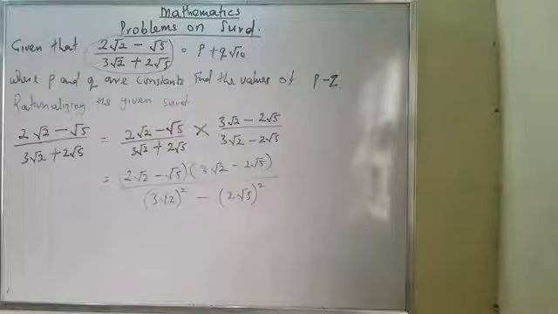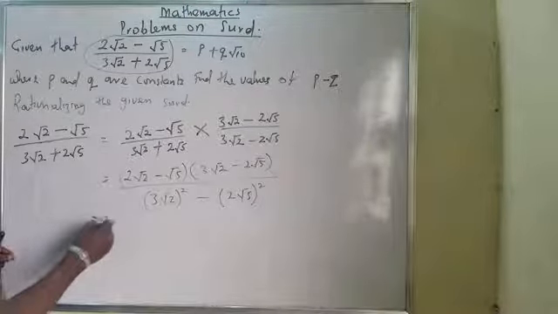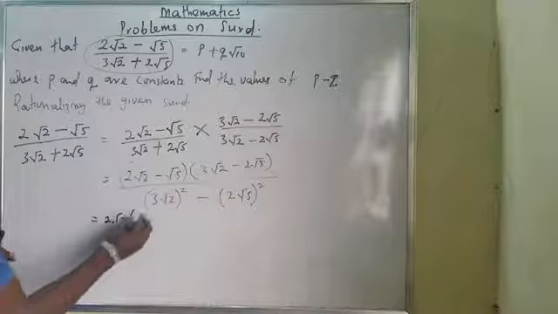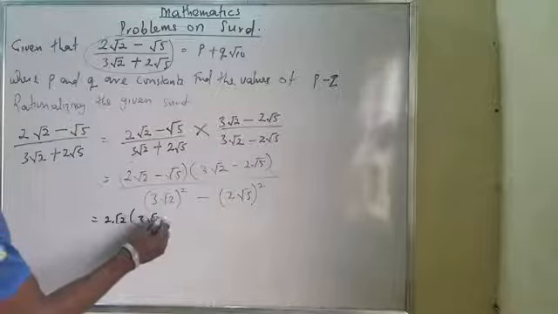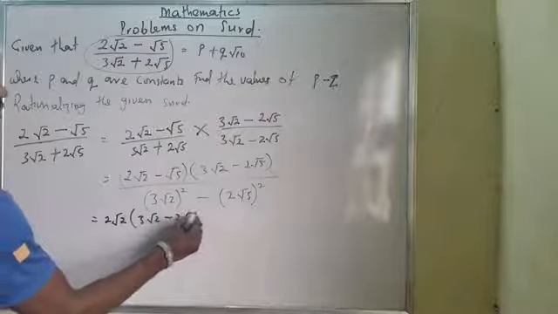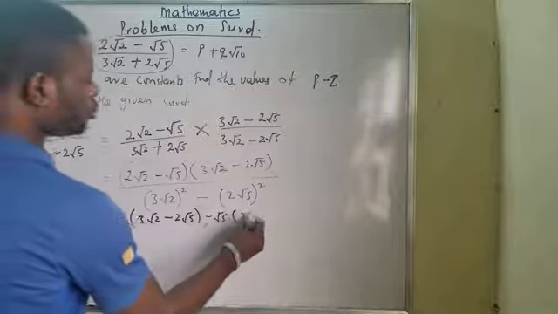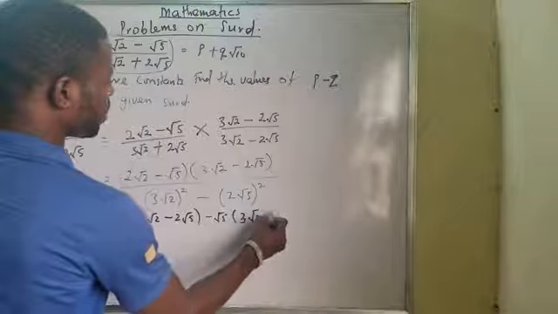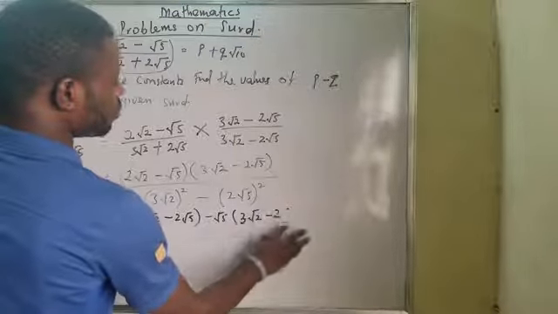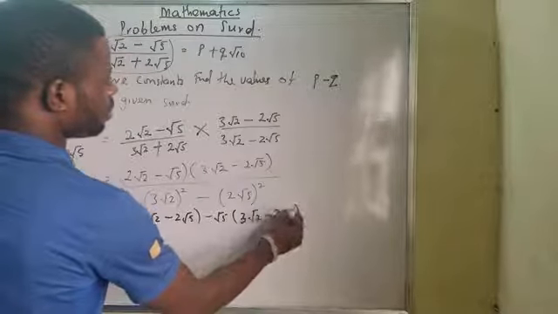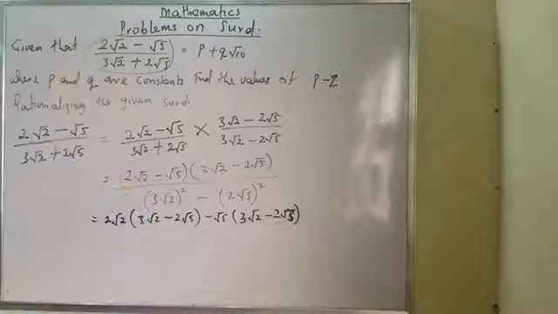Since I have that, I can now continue with the upper part. Open your brackets as if you are in primary school to avoid any mistake. 2 root 2 times (3 root 2 minus 2 root 5), minus 5 root 5 times (3 root 2 minus 2 root 5).